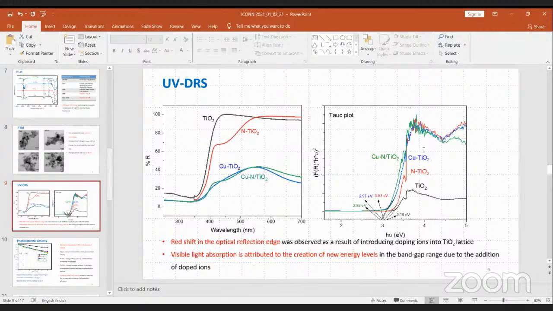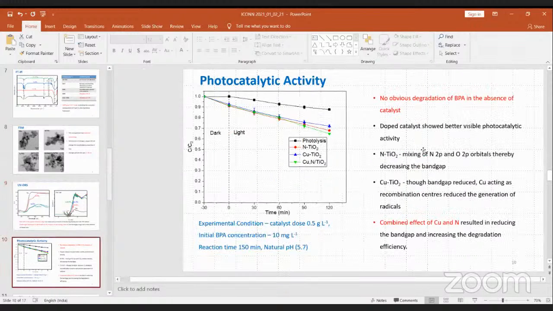Visible light absorption is attributed to the creation of new energy level that may be due to the addition of this doped ion. So maximum band gap was observed for TiO2, that is 3.10, and minimum for co-doped 2.95 electron volt.